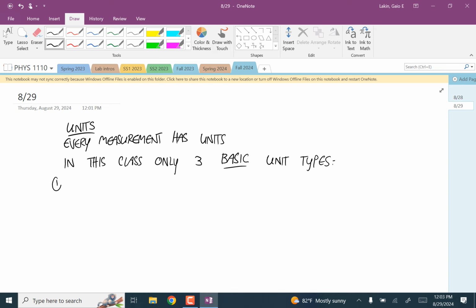The first one is units of length. Those include millimeters, feet, yards, meters, miles, and so on.